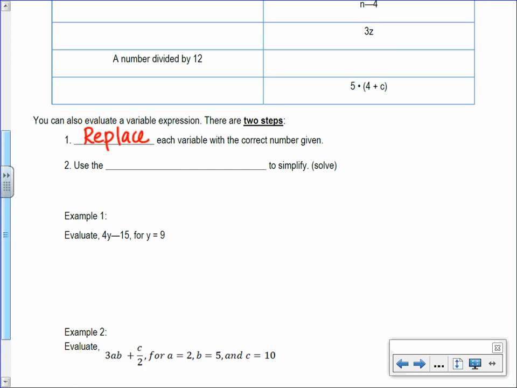So if they tell you y equals 9, you need to replace the y with a 9. If they tell you x is 20, you need to replace the x with 20. If there's more than one variable, they're going to tell you what each variable is. Then you're going to use the order of operations to simplify, or in other words, to solve.